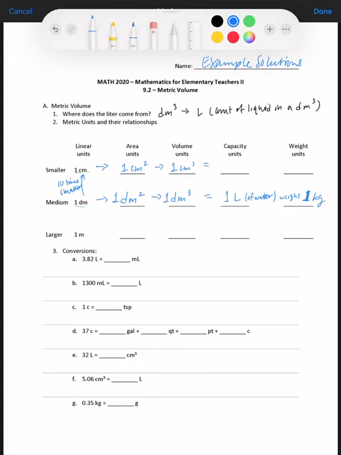So you have a 10 times smaller unit there. What about the relationship between decimeters squared and centimeters squared? Well, each of them is being squared, and so it's not just 10 times smaller, but it's going to be 100 times smaller.